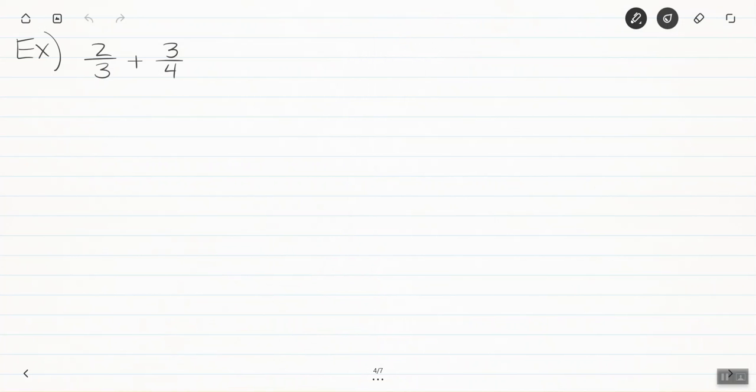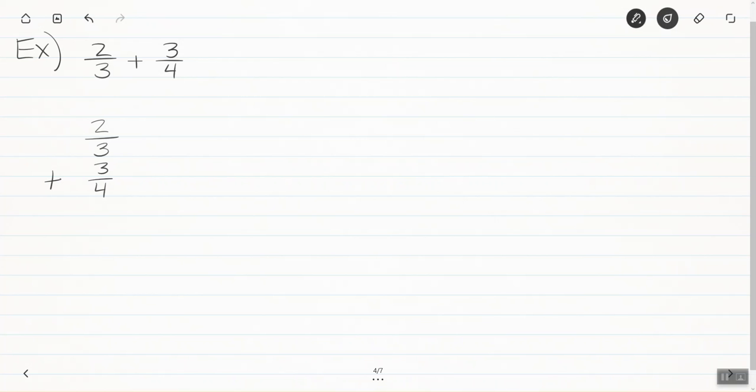So let's follow our steps. The first step said add, subtract, stack, and rack. So I'm going to stack up these fractions, and it's plus 3/4. The next step was do magic C to turn improper if needed, and we don't have any improper fractions, so we're going to skip that step. Step 3 is find a common denominator.